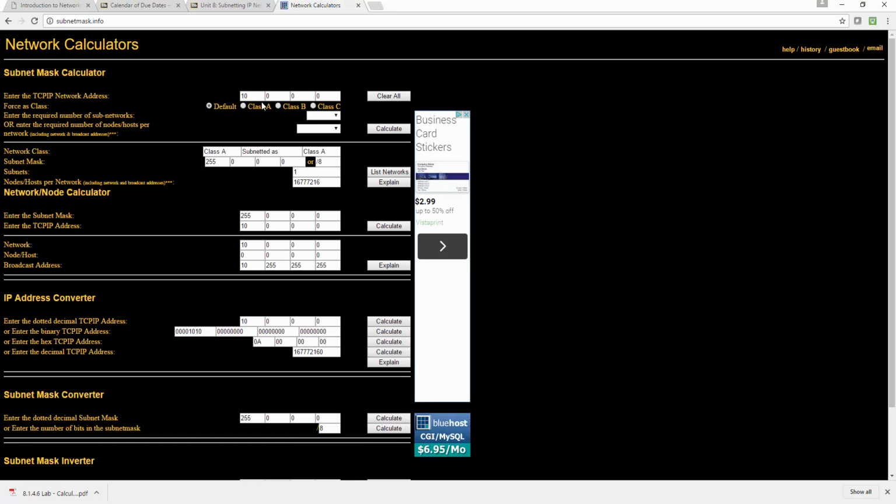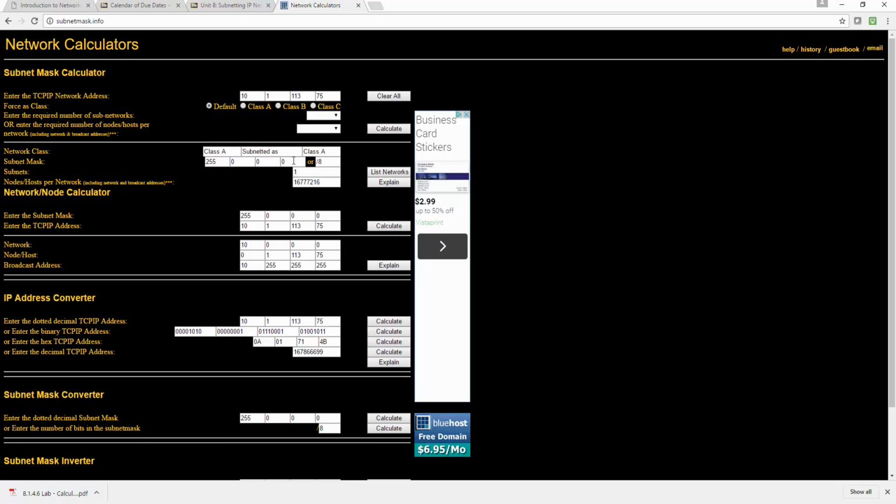So if I put in, let's look at 10.1.113.75. Now we want some bit borrowing going on, so we don't want a class A by default because we want a subnet.